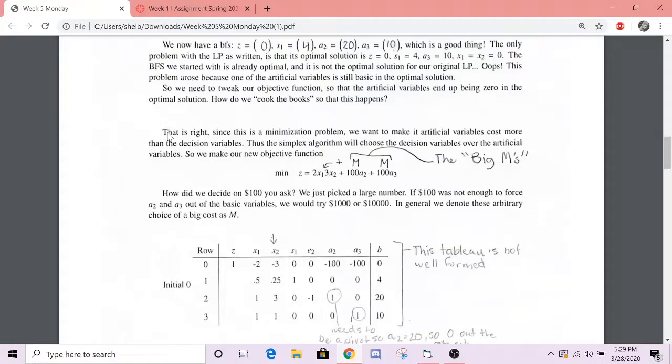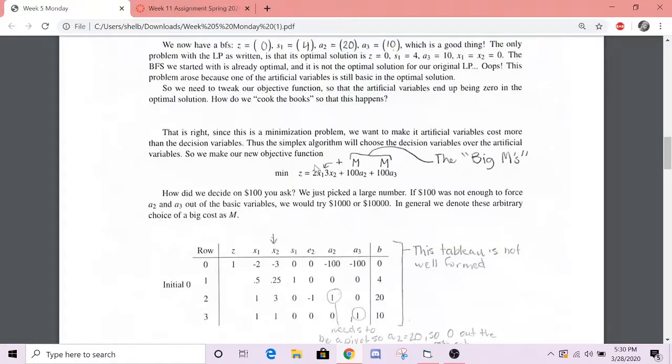This is because when we make the artificial variables bigger, it puts them so far away from the actual answer that it virtually doesn't count them as an answer, but it helps rectify our table. So the simplex algorithm will choose the decision variables over our made-up artificial variables.